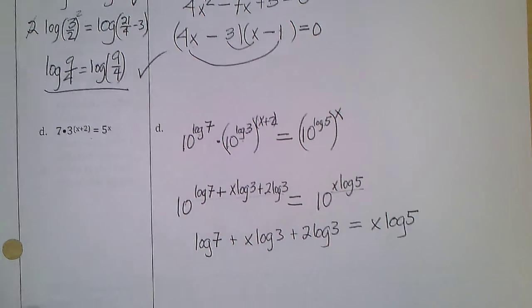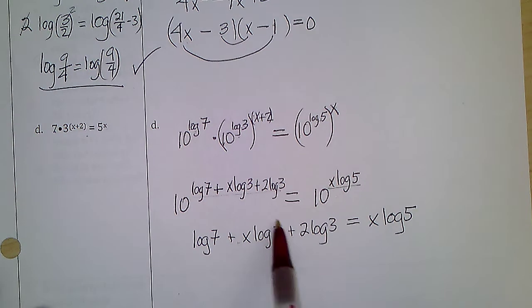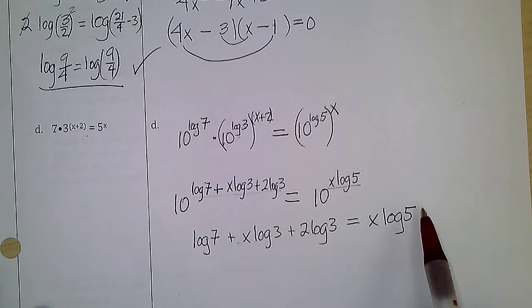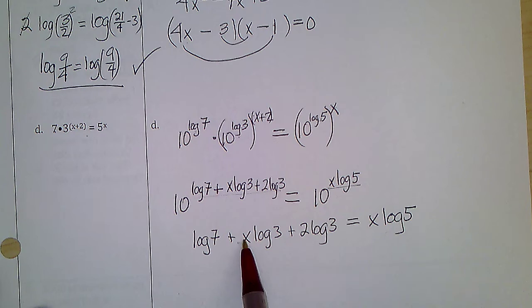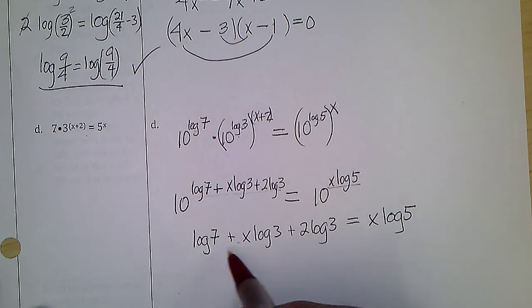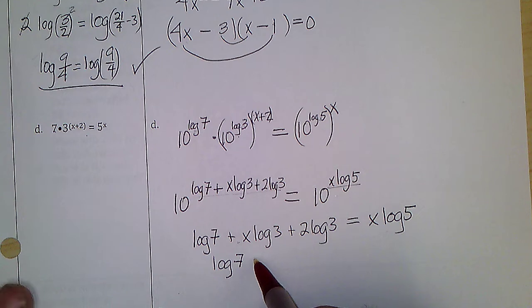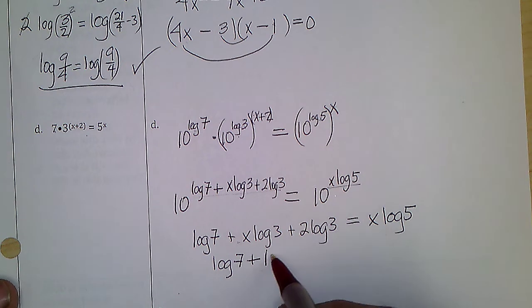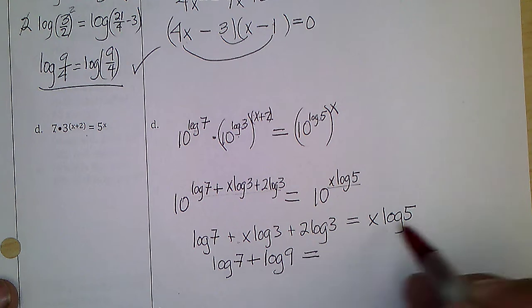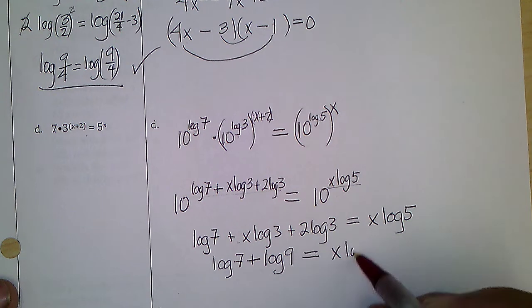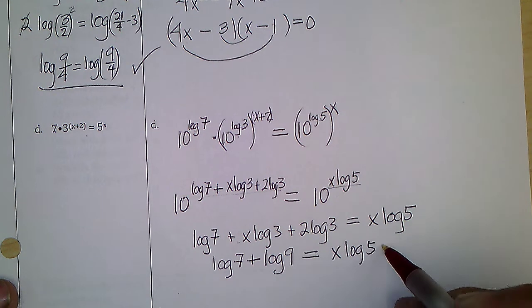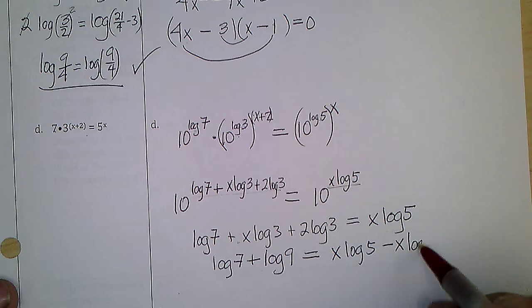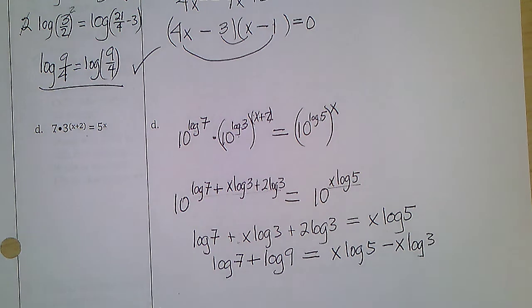Now, to be able to solve for x's, I want all the x's on the same side, so I'm going to move these over here by subtracting x log 3 from both sides, and I'll have log of 7 plus, and I'm going to put the 2 up as a power, log 9, equals x log 5 minus x log 3.